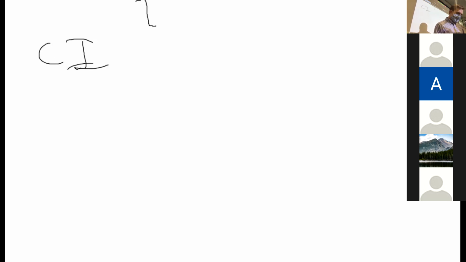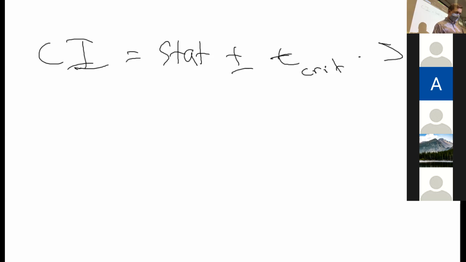So Caleb, you said you wanted to work out a confidence interval problem here? Yeah, if you don't mind. So for the confidence interval, what we're going to need is the value, the statistic that we're interested in, plus or minus the t critical times the standard error.